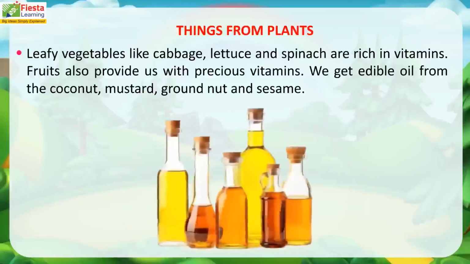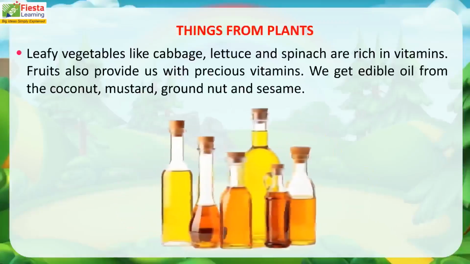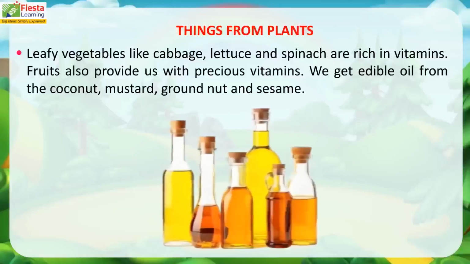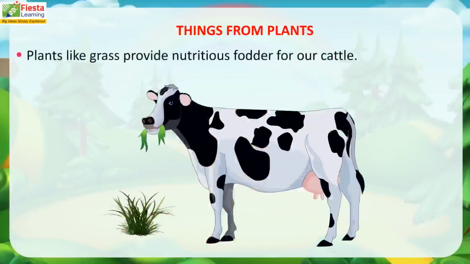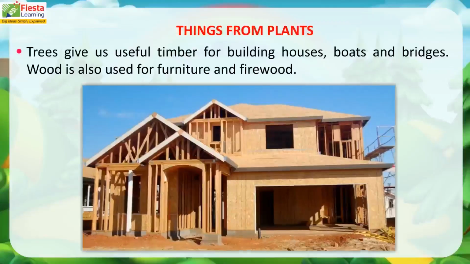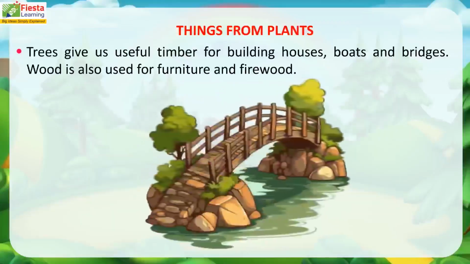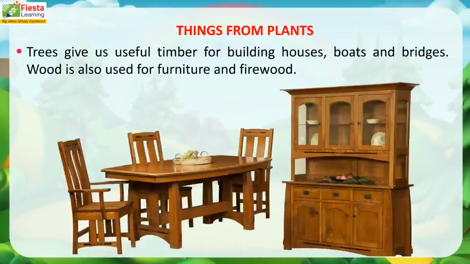We get edible oil from the coconut, mustard, groundnut, and ricin. Plants like grass provide nutritious fodder for our cattle. Trees give us useful timber for building houses, boats, and bridges. Wood is also used for furniture and firewood.